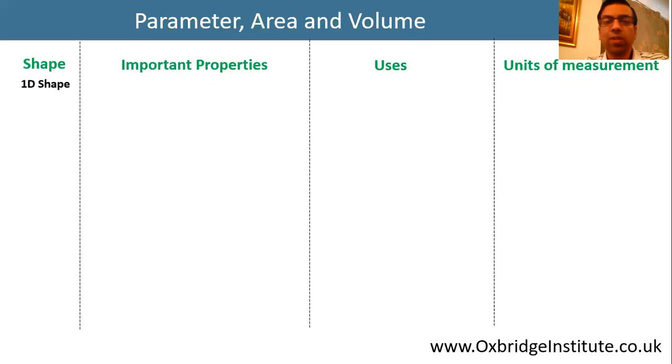When we talk about a 1D shape, that is a line, the important property is length, which tells how long. What is the use of this property? For example, if I have to walk from my house to the park, I need to understand how long or how much I need to walk. So that is length. Units of measurement can be meter, centimeter, kilometer, any of these.